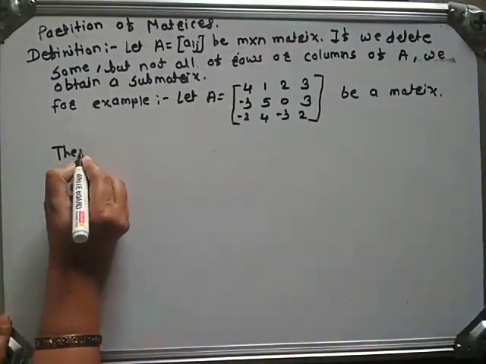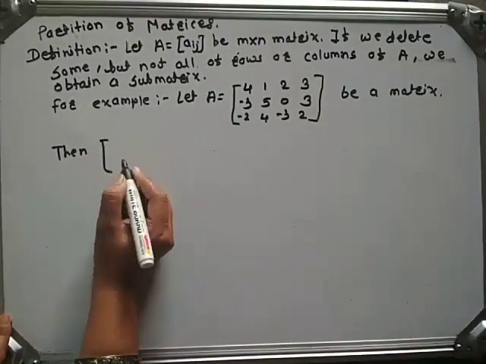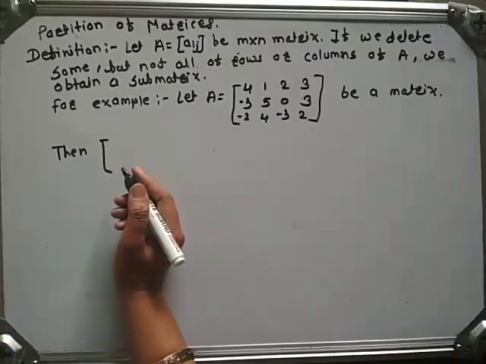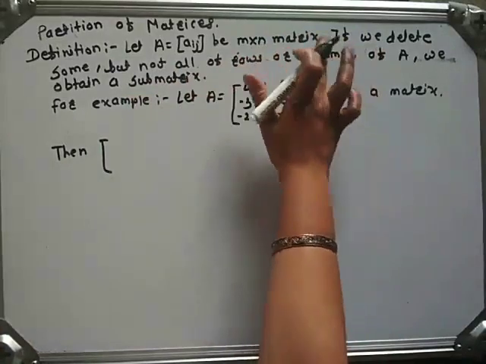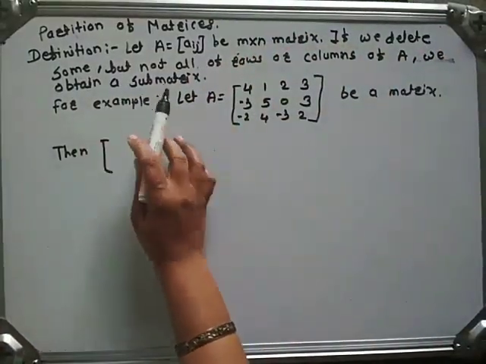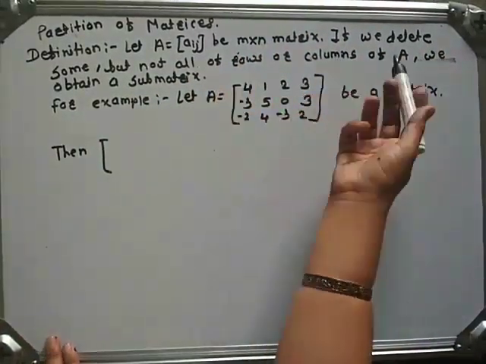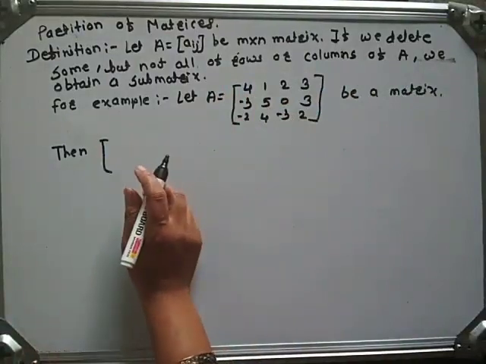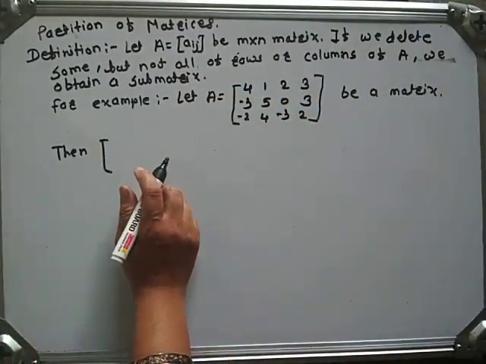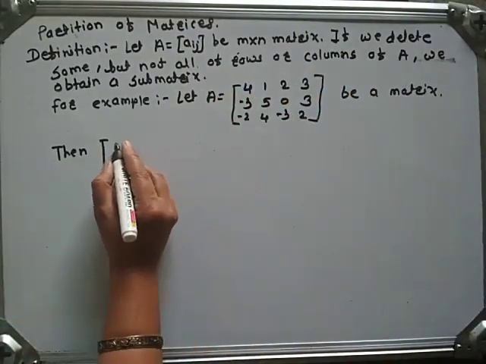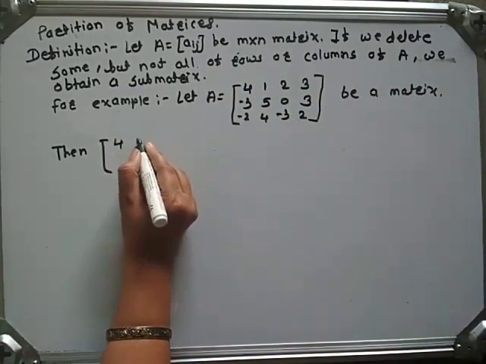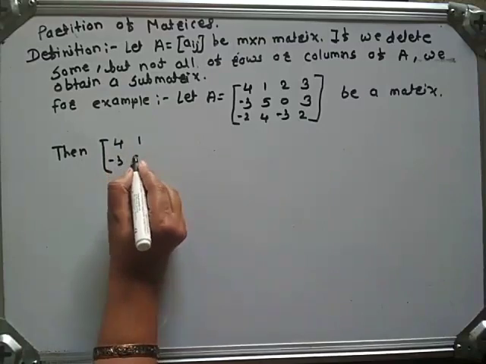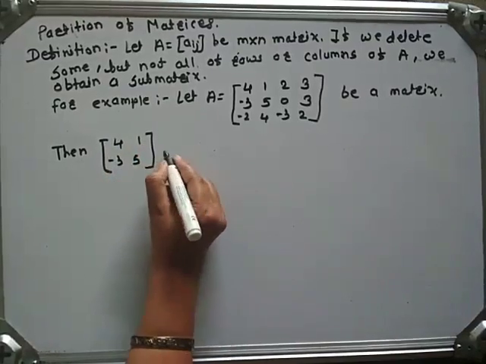Then see here, what is partition of matrix? A equal Aij, any m by n matrix. If we delete some but not all of the rows or columns of A, we obtain a submatrix. See here, then the matrix 4 1 minus 3 5 is a submatrix.